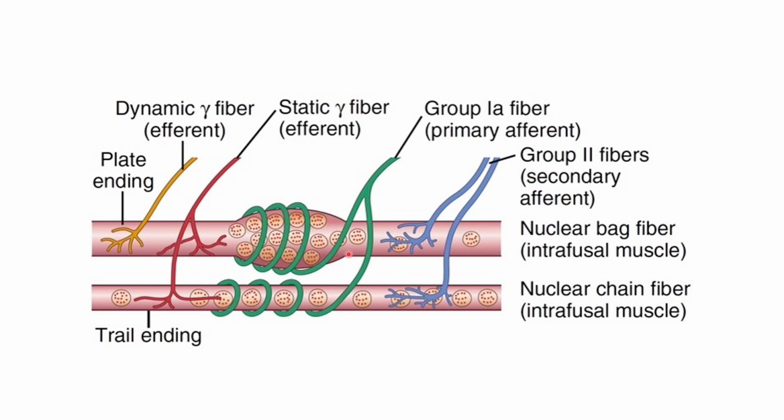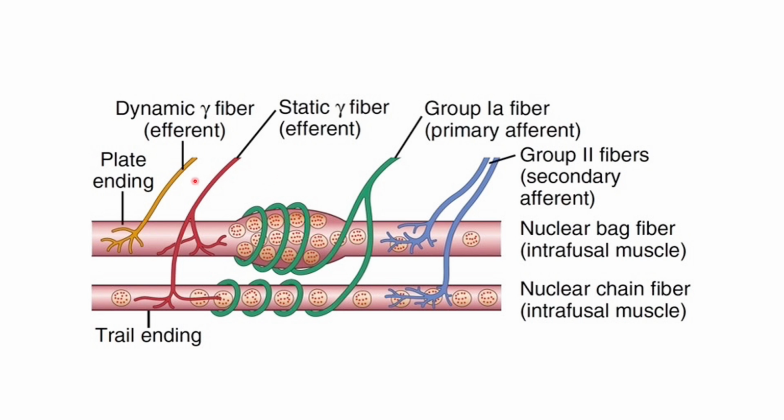This change in the muscle length or the stretching of the muscle can occur suddenly, and so this dynamic change will activate these group 1A fibers or the primary afferents, which are more responsive to the change in the rate of the contraction.